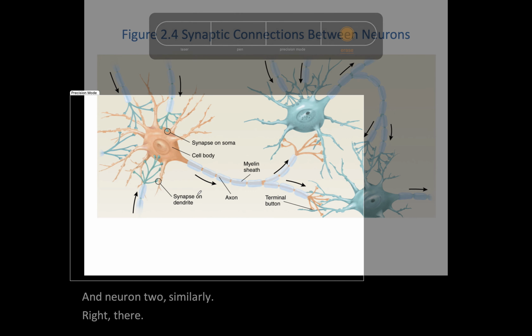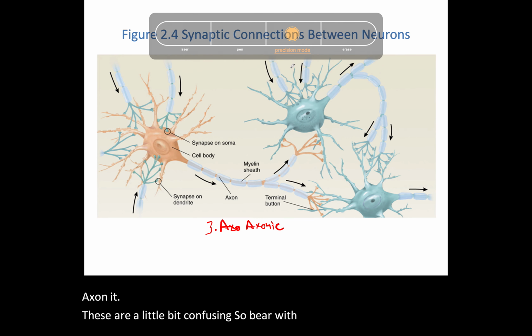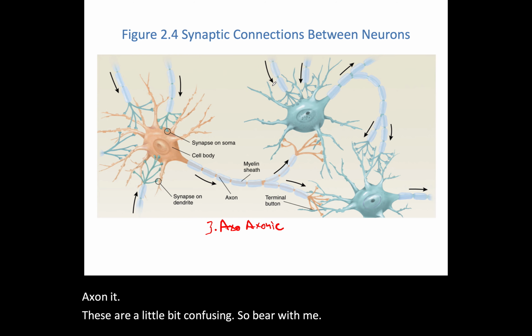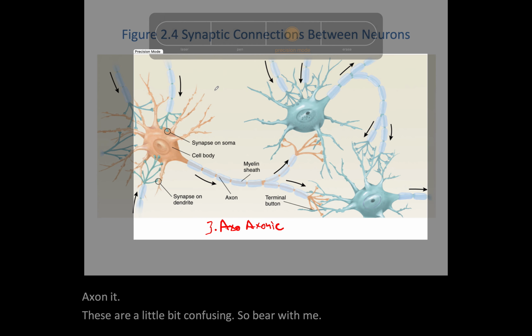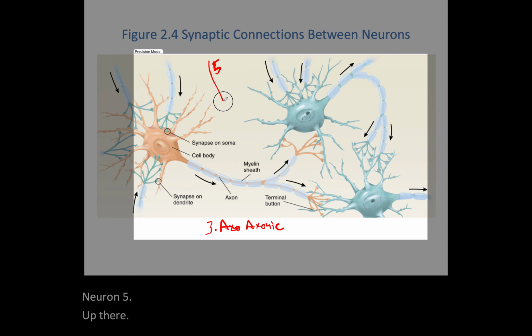Third kind, axo-axonic. These are a little bit confusing, so bear with me. Imagine there was a neuron 5 up there, and he was sending a synapse or an axon towards Larry.